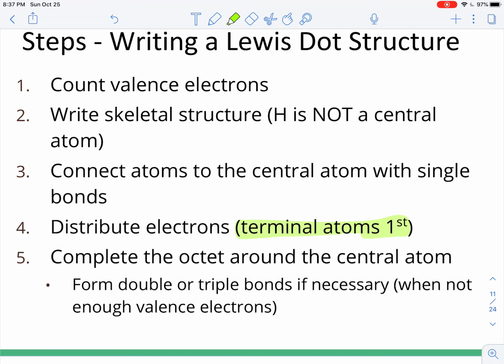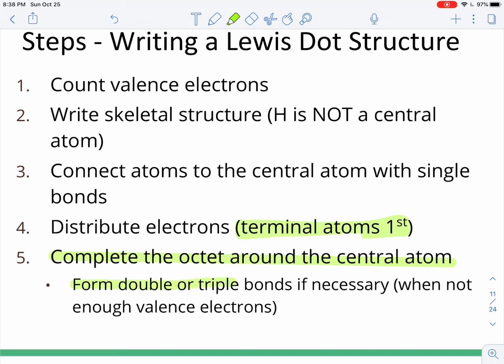All that means is you're going to distribute these valence electrons onto the end atoms, not the central atom. And then if there's nowhere else to put them, then you start putting the electrons on the central atom. After you're done, you're going to double check to make sure that you have completed the octet around the central atom.